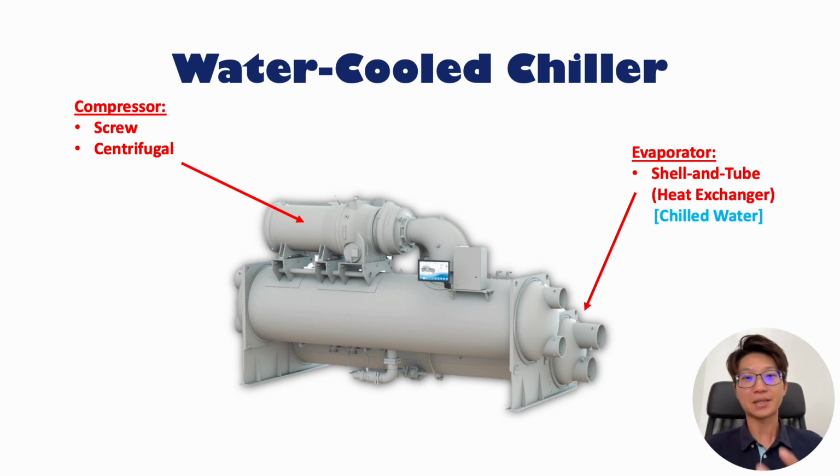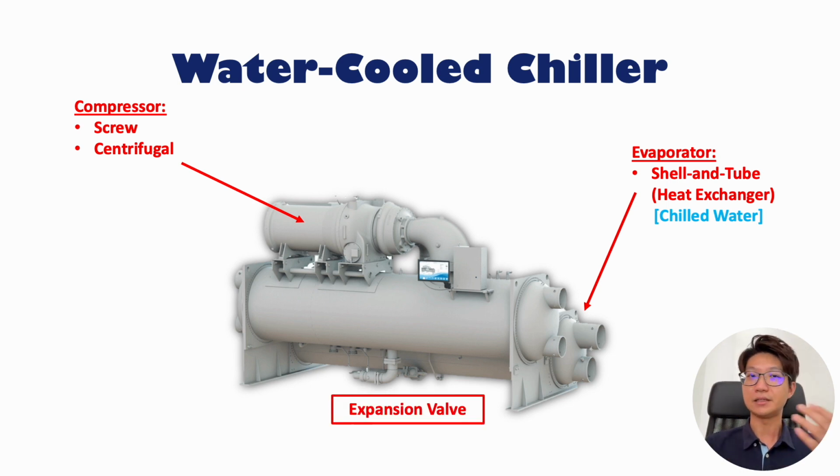If you want big capacity, usually we will use a centrifugal compressor. Then it becomes what we call a centrifugal chiller. If your capacity is not that big, medium capacity, then we'll use a screw compressor.